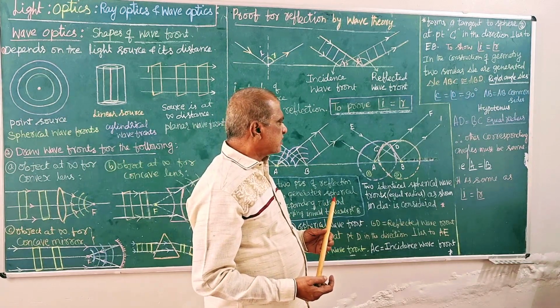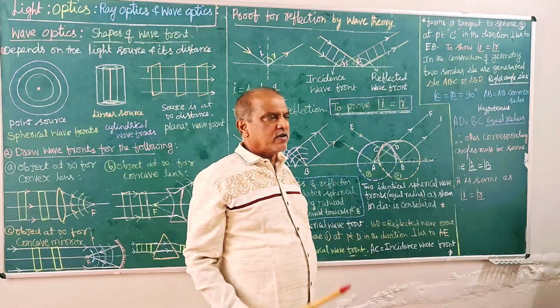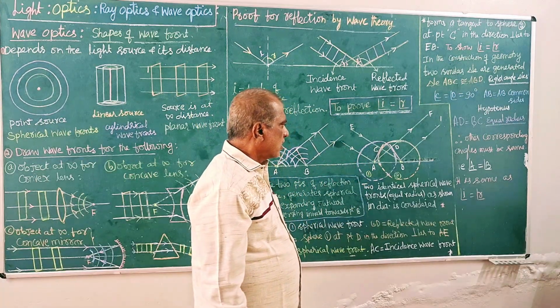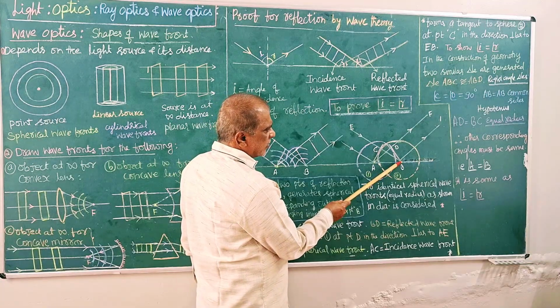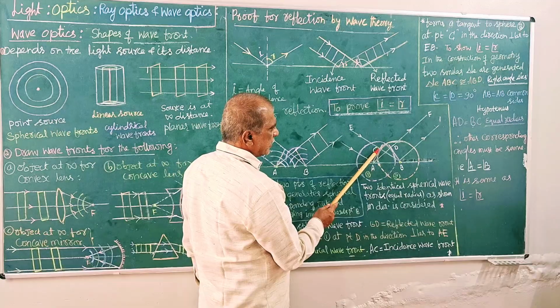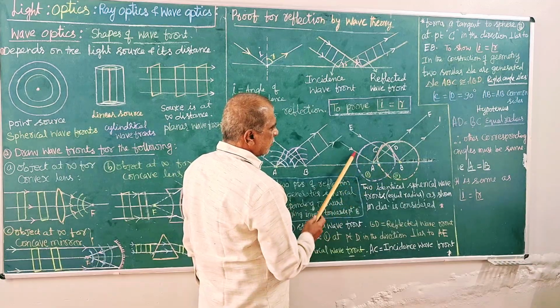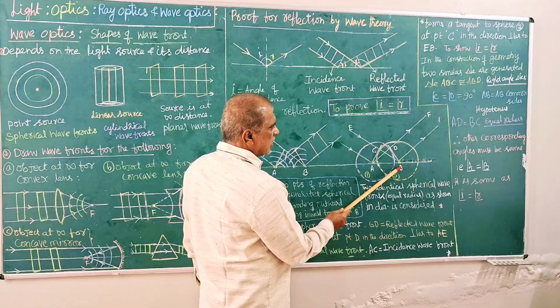What are these spherical wavefronts? They are exactly identical. Look here, a spherical wavefront of this radius. CB is the radius. The spherical wavefront of AD is the radius. Same radius.